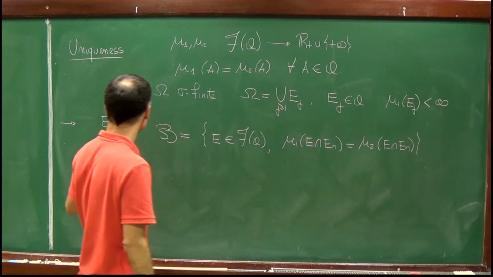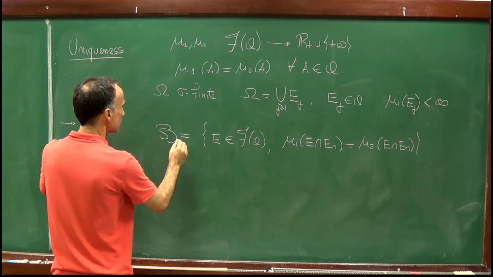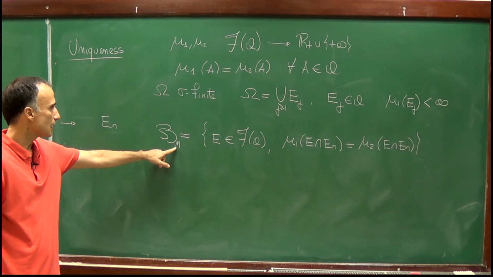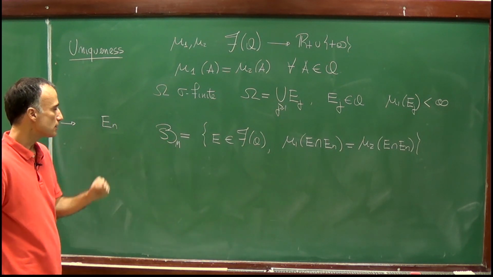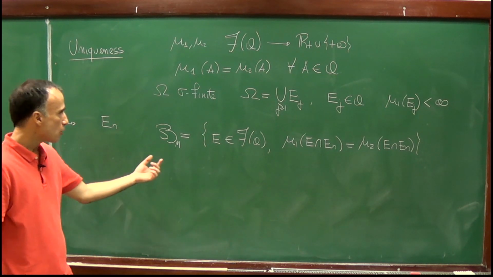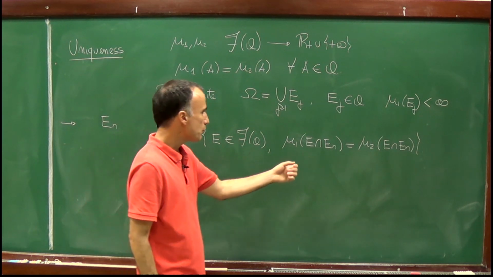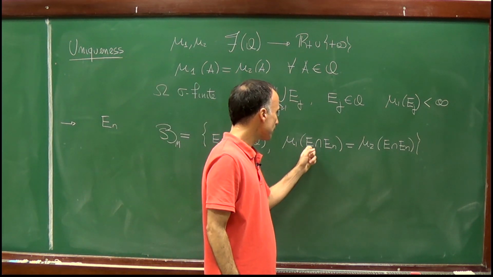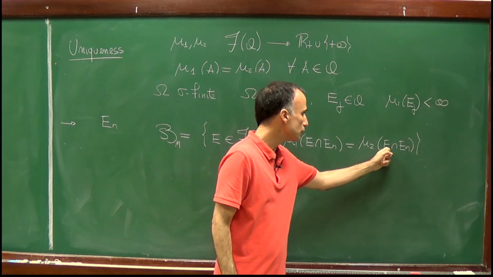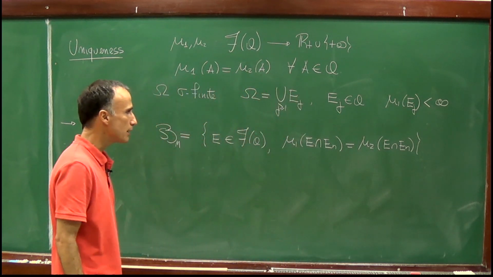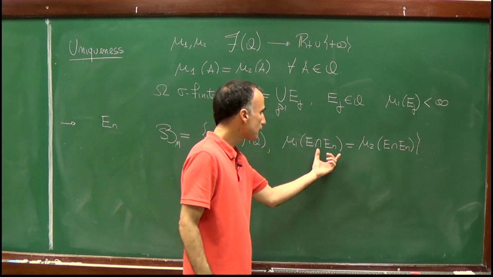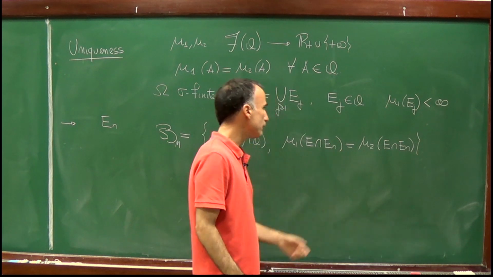So I fixed n, so maybe let me show that B, this class of sets, depends on n. So it's all sets E in the sigma algebra for which we have that mu1 of E intersection En is equal to mu2 of E intersection En. Note that these two quantities are finite.